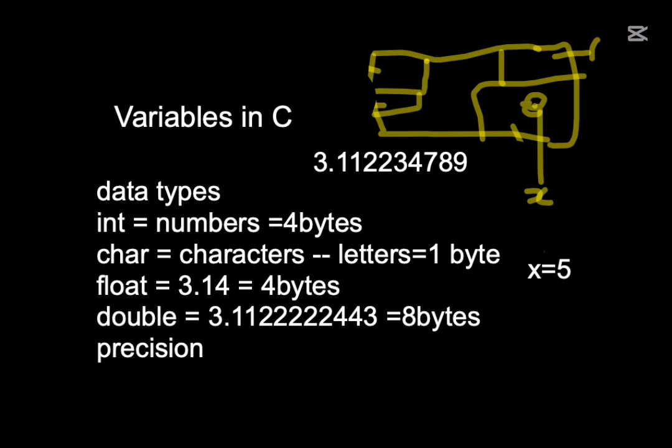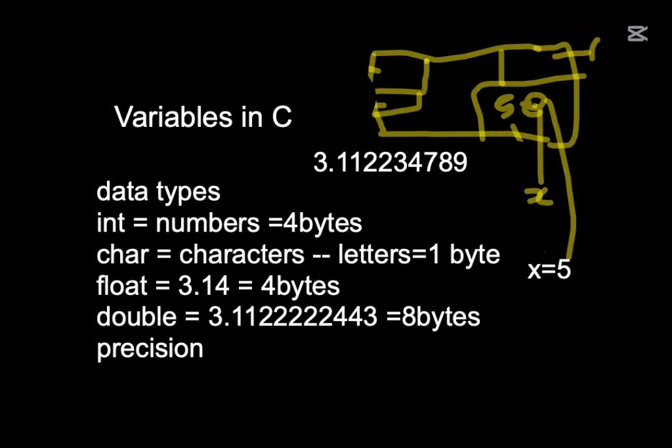Once you say something like this, C understands that this space is called X, so you want to put 5 inside. So it's just going to put 5 here. That's the best way for you to understand variables and data types and how memory actually works.